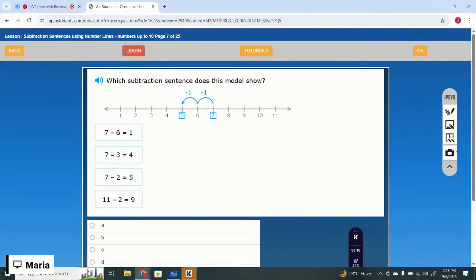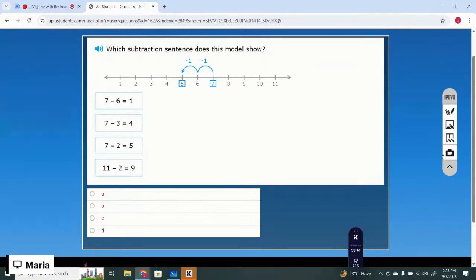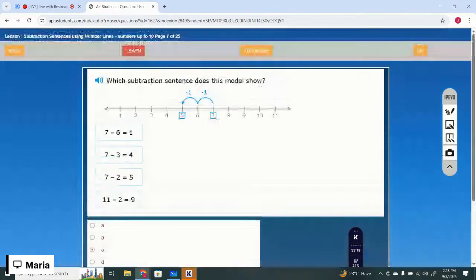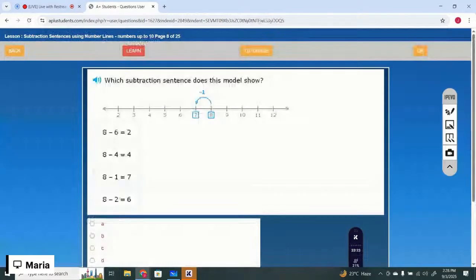That is 7 take away 2 is 5. C is the correct option. Which subtraction sentence does the model show?